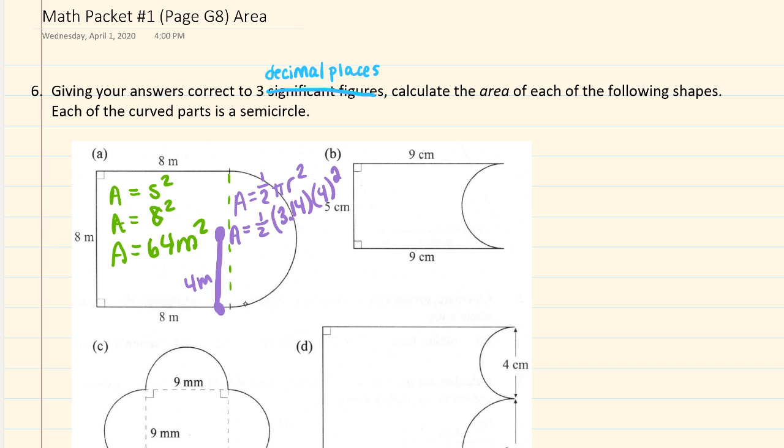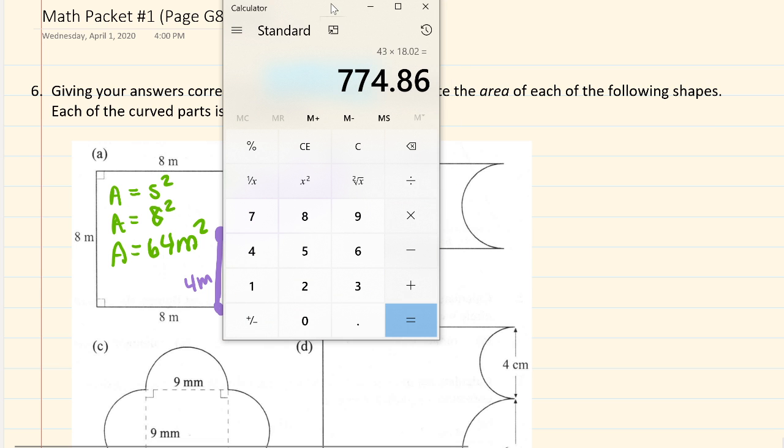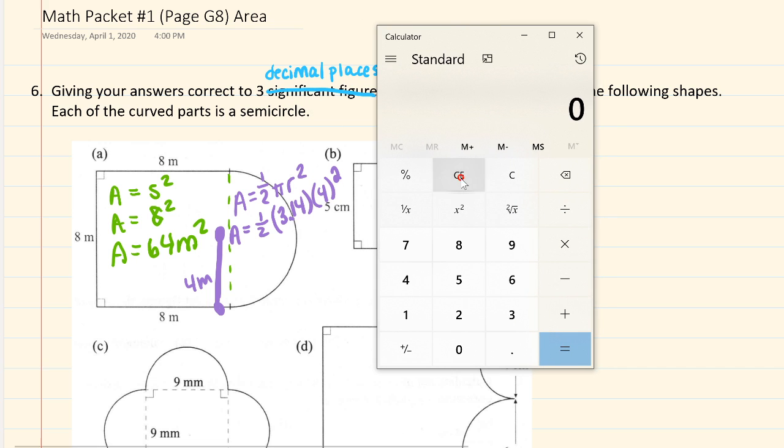So let's type that into the calculator. So let's do 1/2, 0.5, times 3.14 times 4 squared, which just means 4 times 4. So I'll do times 4 and times 4 again.